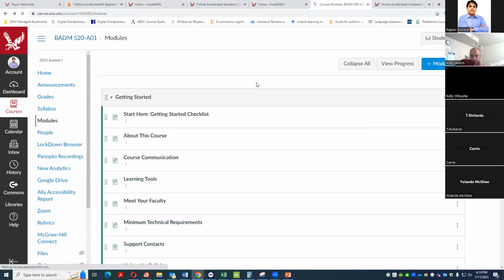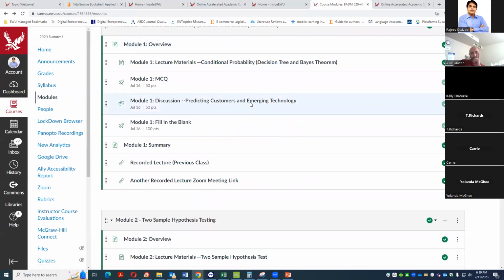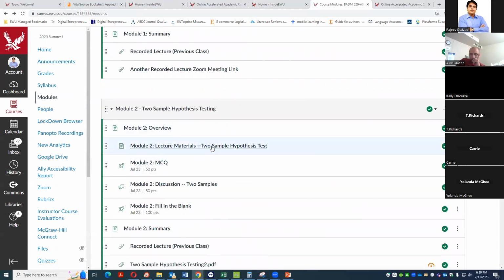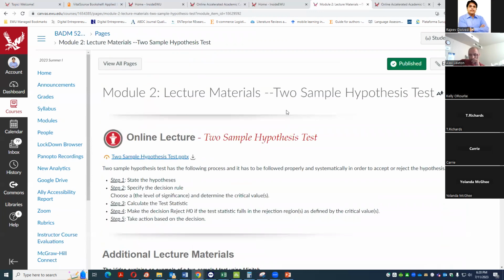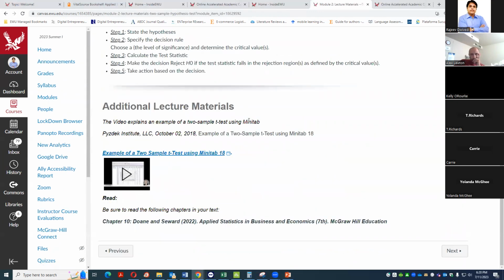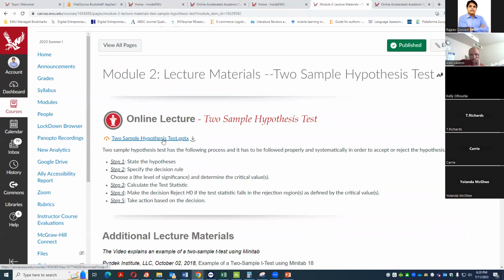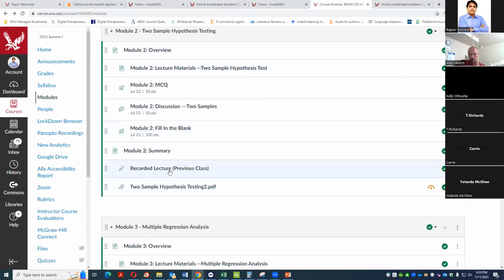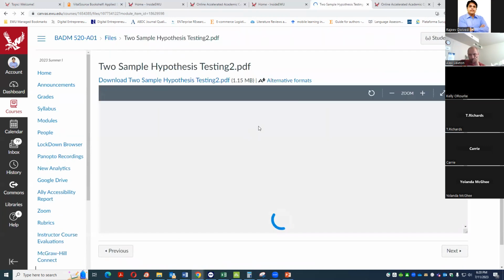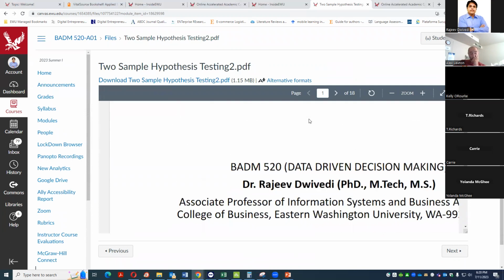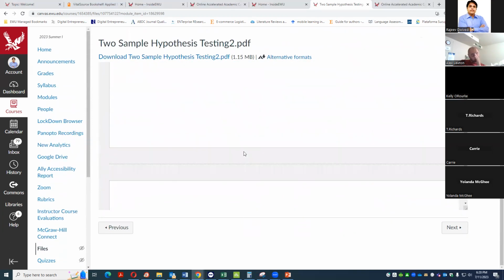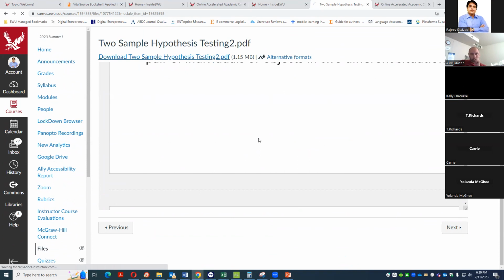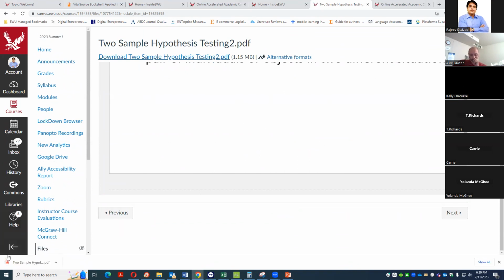Yeah, so every module has PPTs which I'm using and through which I will be explaining. Here you can see the PPT. In module 2 and 3 onward, you will have some Minitab-based PPTs, which are at the end.